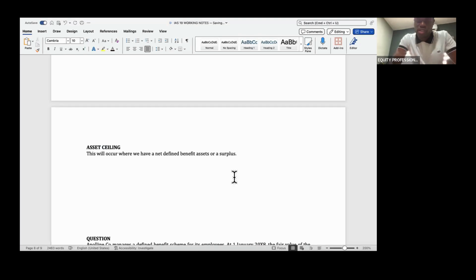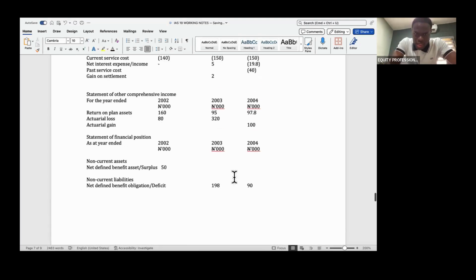That's where we would start talking about asset ceiling. And which one? Like this 2002 now.